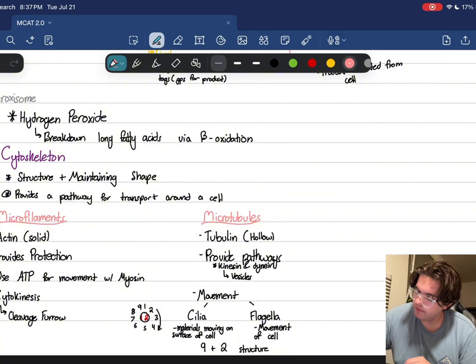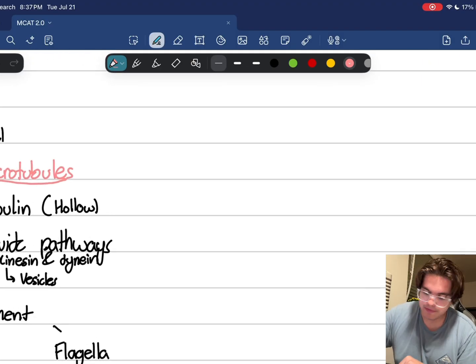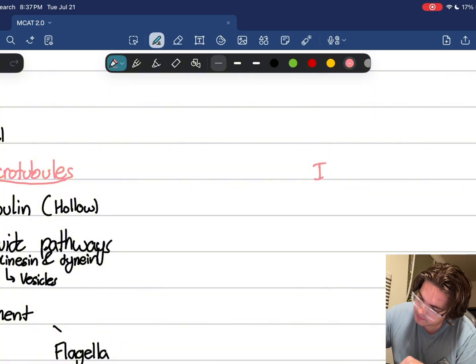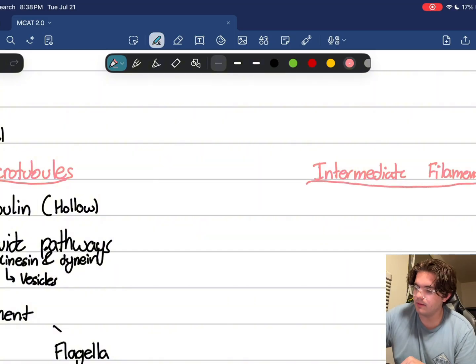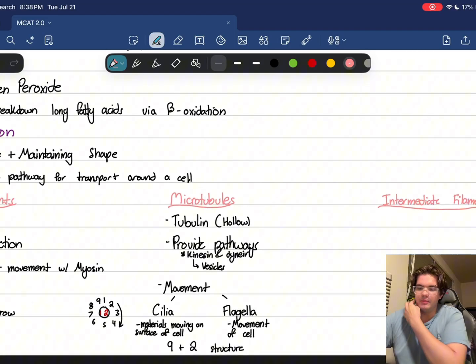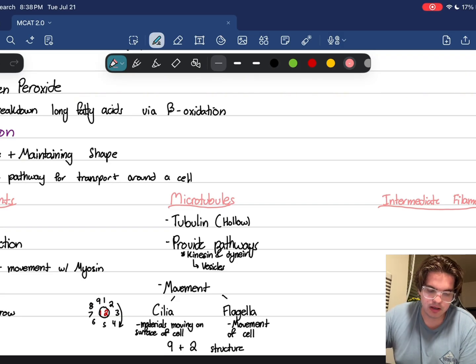Our third and final one, and the final topic of this video, is going to be intermediate filaments. And I don't know if I'll have space to write over here. Filaments. Good enough, hopefully you can see that well. I probably could have moved it over a little bit. But intermediate filaments are just the third type of cytoskeleton that we're talking about.